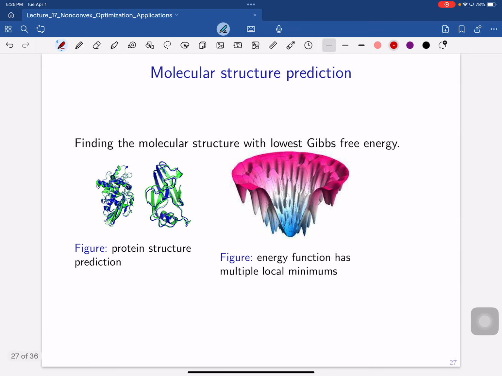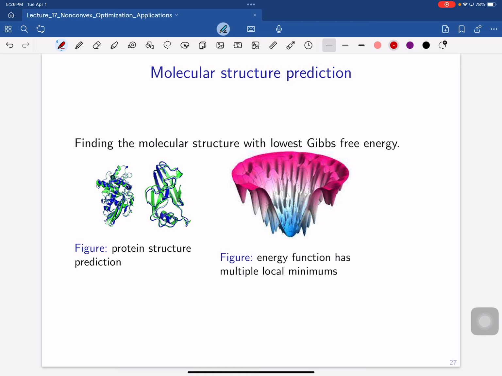Now let's talk about this problem real quick, so-called molecular structure prediction. Maybe you heard about protein structure prediction, which got the Nobel Prize in chemistry last year. The idea is, given a sequence of amino acids, you want to find the structure of the protein that minimizes the Gibbs free energy, once the structure is fully determined by the sequence.